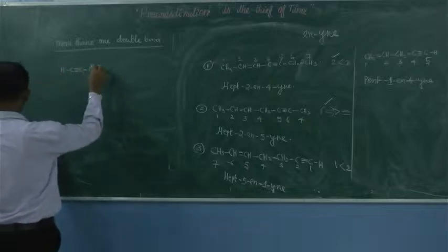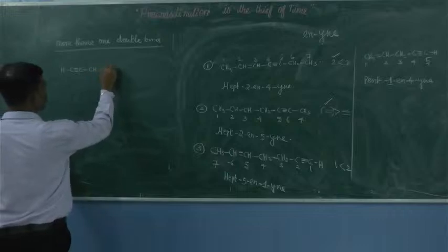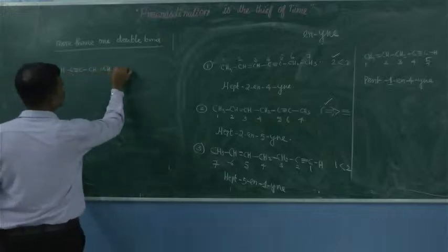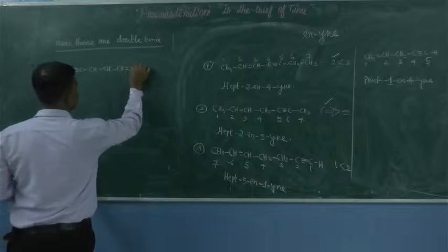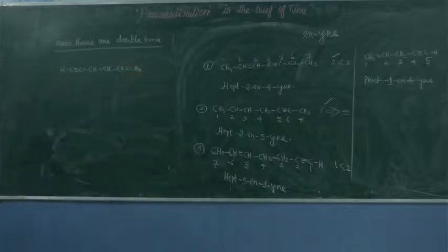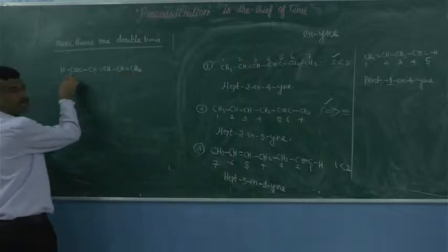CH double bond CH and the CH2. We have two double bonds. Hexa. So it is going to be 1 start here and 1 start here.